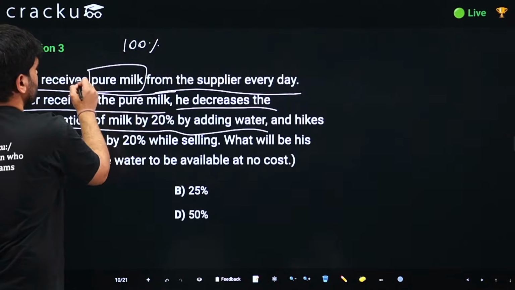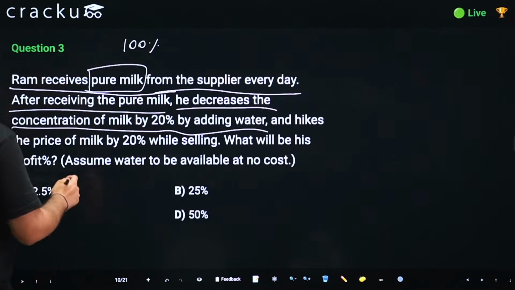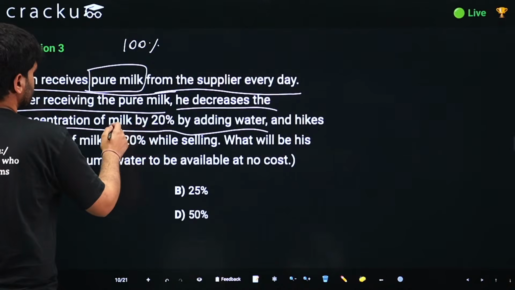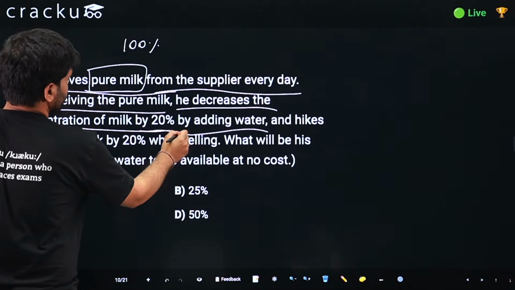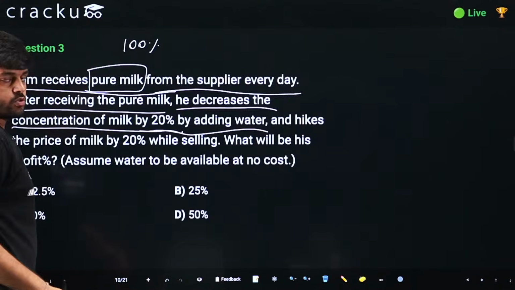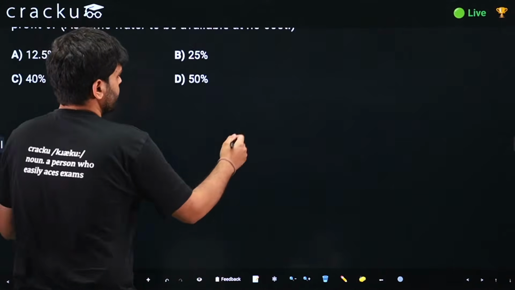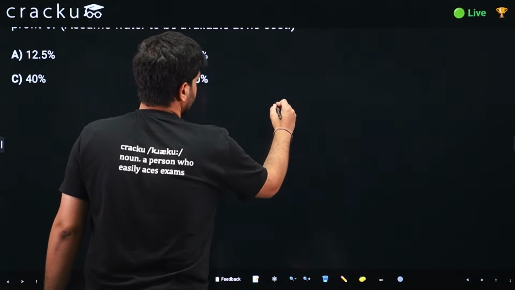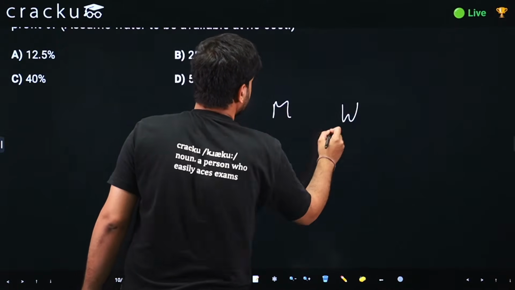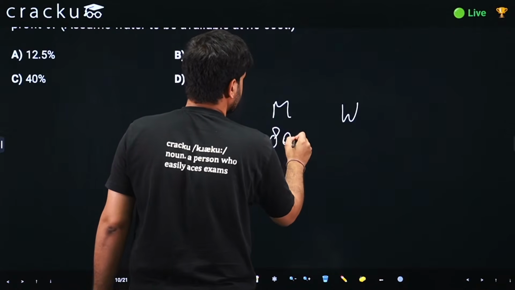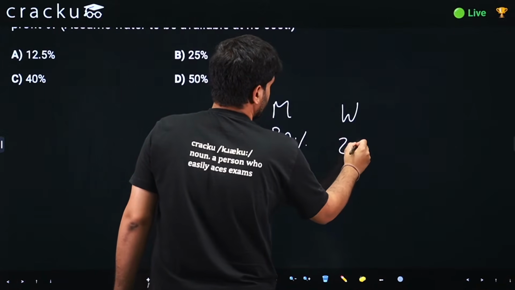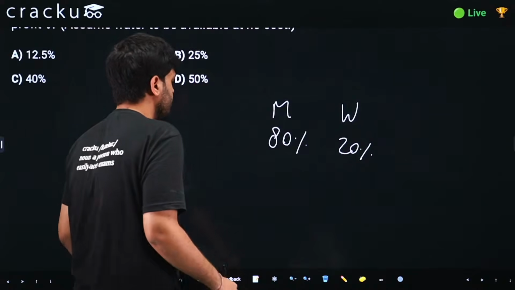Now, he decreases the concentration of milk by 20% by adding water. So now, let me write milk, water. Milk would be 80% concentration, water would be 20% concentration.